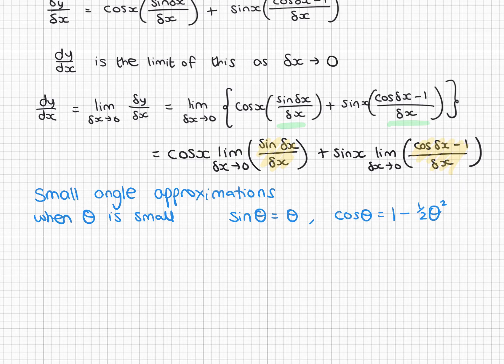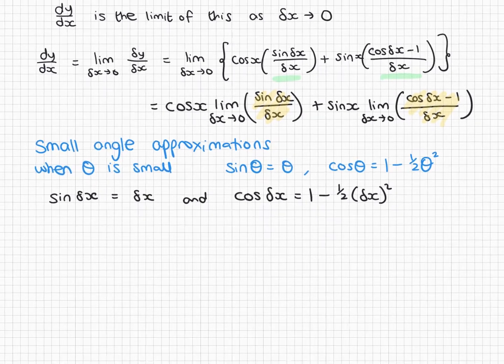So if we use this, sine delta x would just go to delta x, and cos of delta x would go to 1 minus a half of delta x squared.